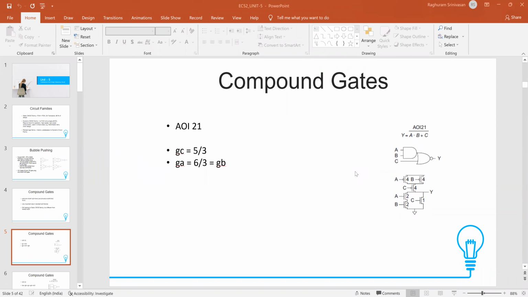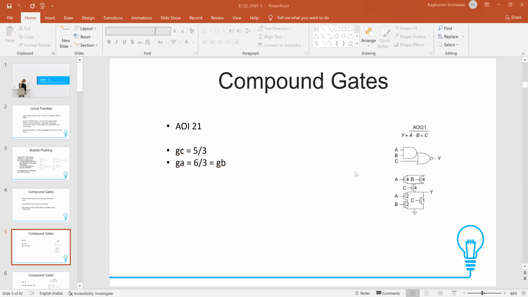And-or-invert, like I was saying, is a compound gate. It's called a compound gate. But the only difference, other than that, everything is the same. The way you draw the circuit, the way you give the sizes, etc. There is a possibility that the logical efforts are not the same for all the inputs. And you can see that in this example, there are 3 inputs, A, B, and C. A is connected to 1 NMOS and 1 PMOS.